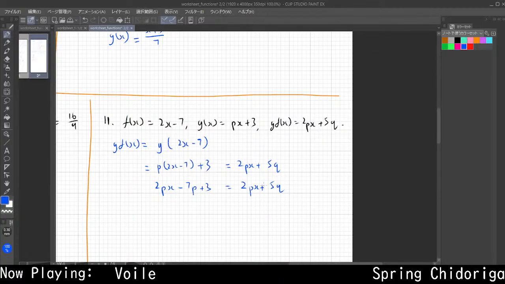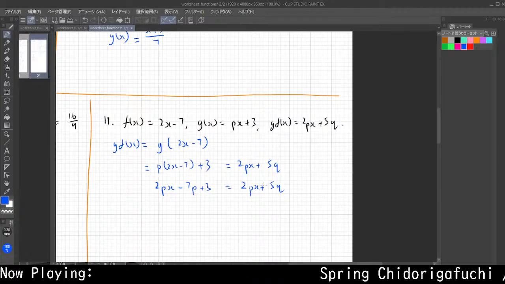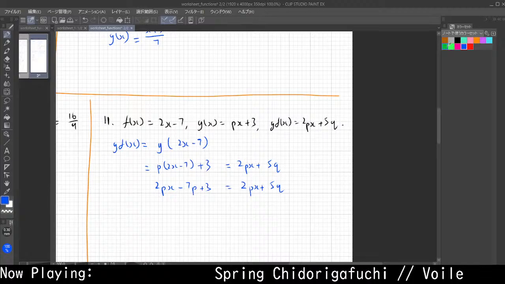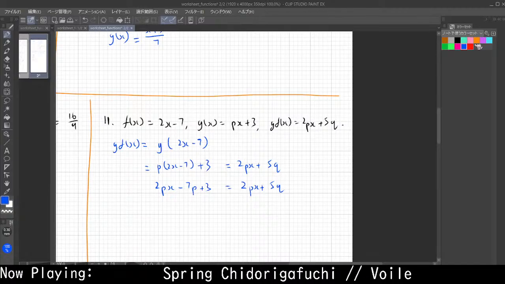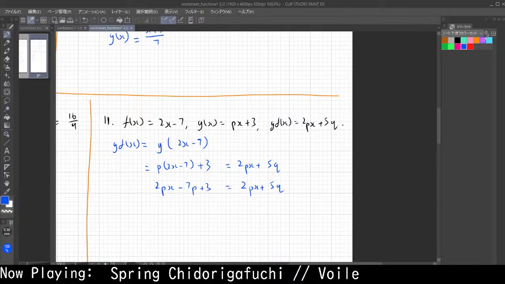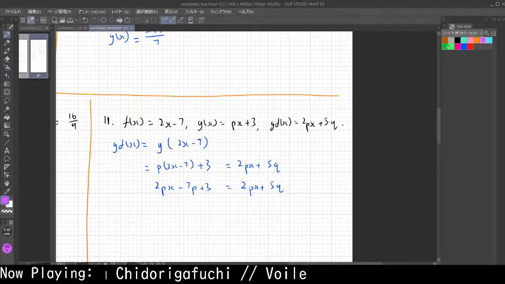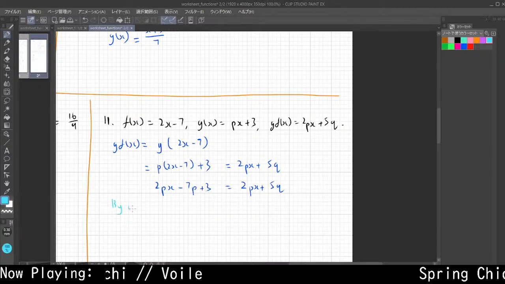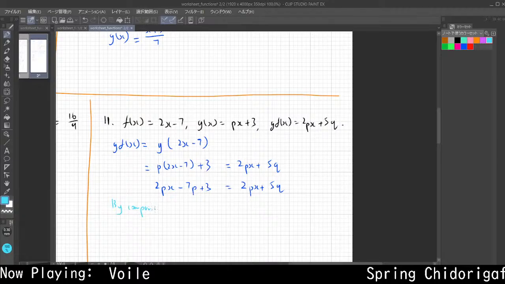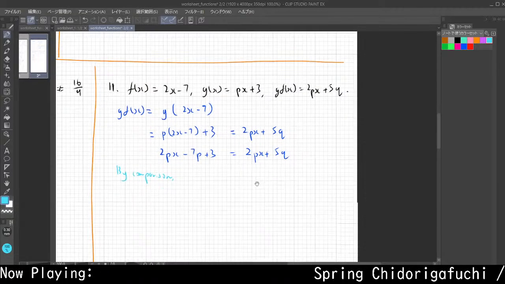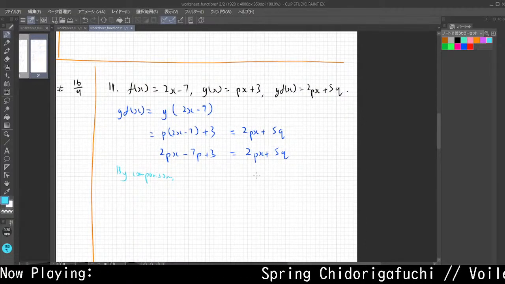The question is designed that way. So what you want to do next is by comparison. 2px equals 2px, obviously.